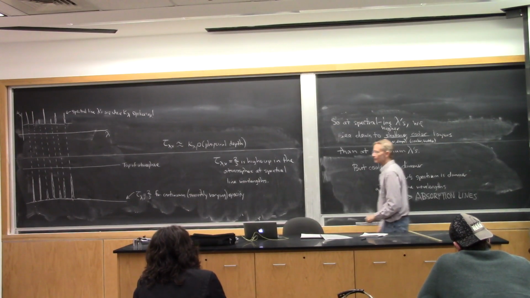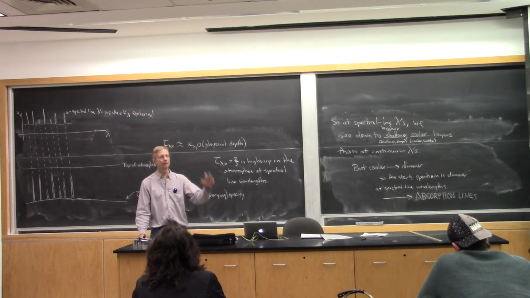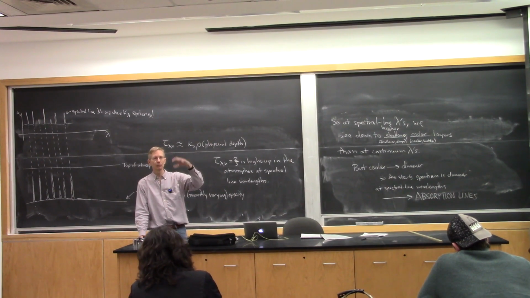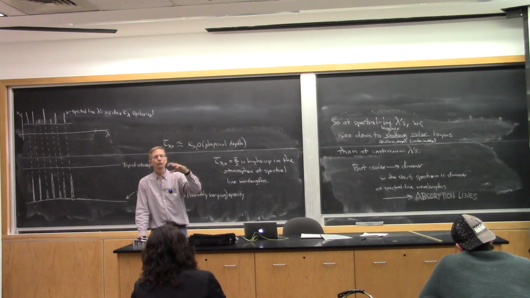That's the Astronomy 310 understanding of why stars have absorption lines: because the stellar material is more opaque at wavelengths corresponding to spectral lines. So at those wavelengths, we see higher, cooler, darker material than we do at other wavelengths.